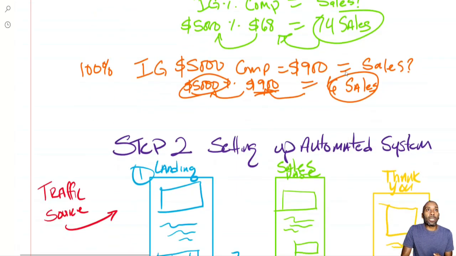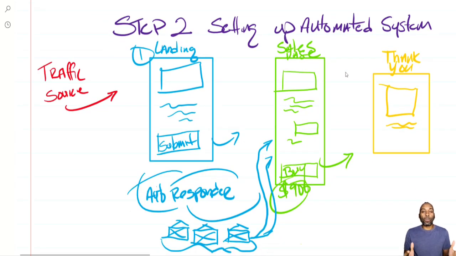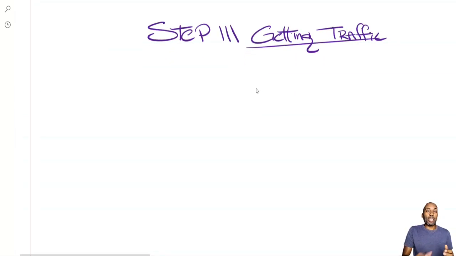Then in step number 2, I walked you through how to set up the automated marketing system that consists of these 3 pages: the landing page, the sales page, and the thank you page. And I'm using the platform system.io, the free version, to set these all up. And then in step number 3, now we are getting traffic, because if nobody sees our landing page, we won't be able to sell anything.